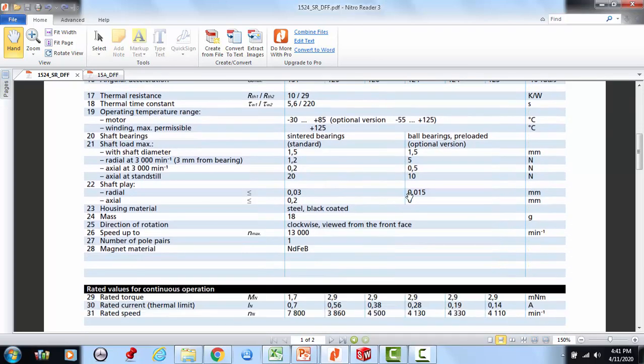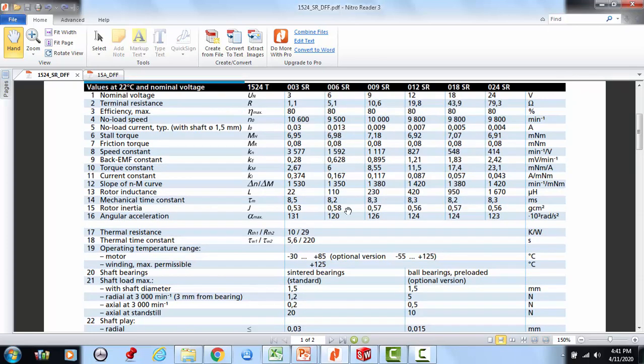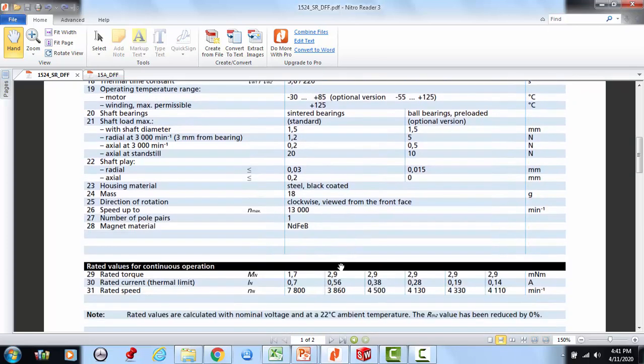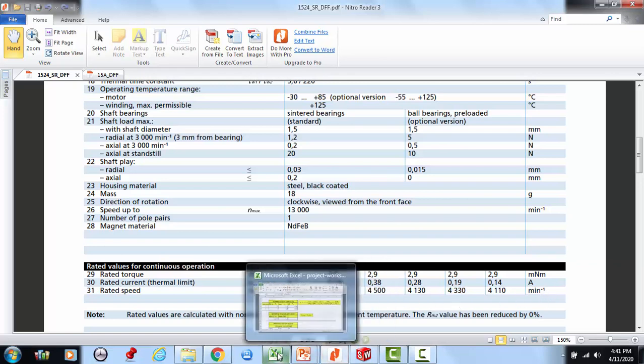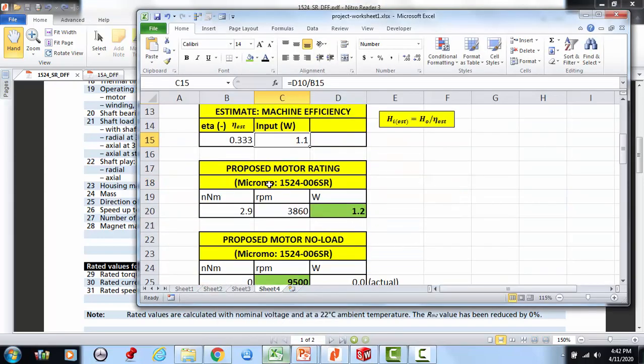What I do is look at the rated parts as well. I look at the rated torque and the rated speed. It looks like 2.9 millinewton meters, and 3860 revs per minute. So that is the level we're going to be looking at for our proposed motor, a Micromo.